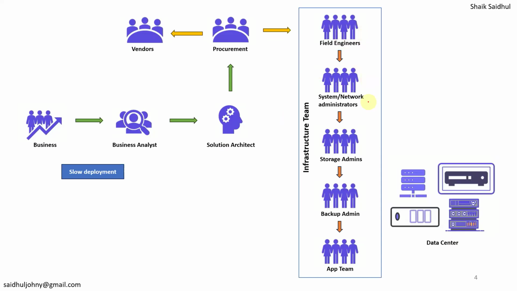Rack and stack has to be done, networking, all of these things will take a lot of time. So that's the reason we call it a slow deployment model. Does it make sense? Right. It's a slow deployment model because it is a time consuming model. So everything is taking a lot of time here.